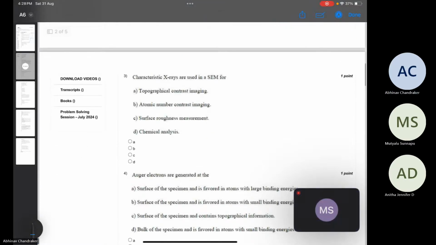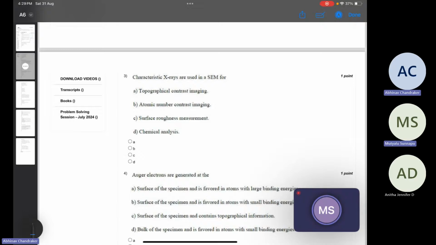Okay, now let's proceed to the third question. Characteristic X-rays are used in the scanning electron microscope for atomic number contrast, surface roughness measurement, chemical analysis, or topographical contrast.